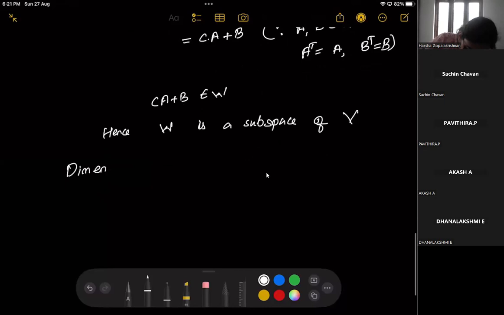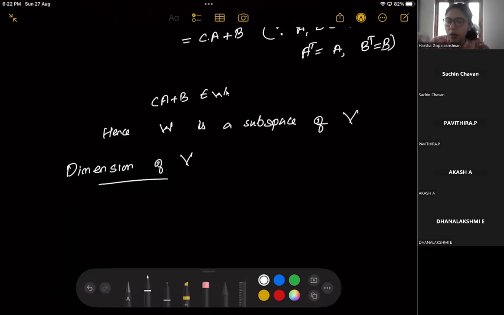Just think once again what is the dimension of W. It is 4 for V, correct? But the dimension of W is not 4, because W contains the symmetric matrices only. There are some matrices which are not in W but in V. So obviously the dimension of V is greater than the dimension of W, right?